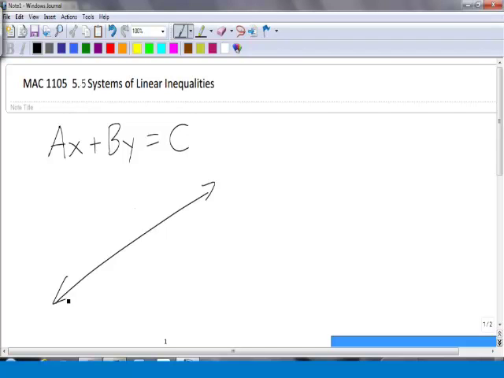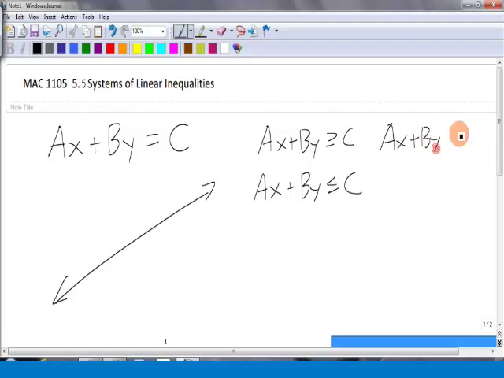Now, if we pick up the equal sign and replace it with an inequality, something like that, or something like that, or something like that, then we have ourselves a linear inequality in two variables.